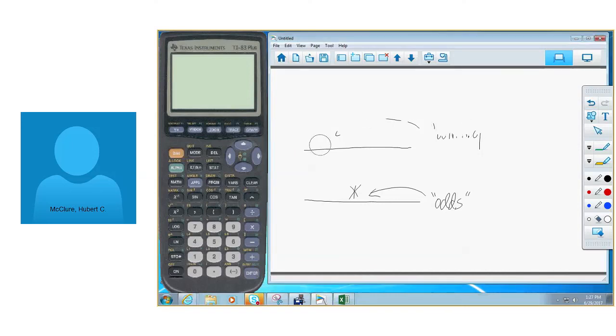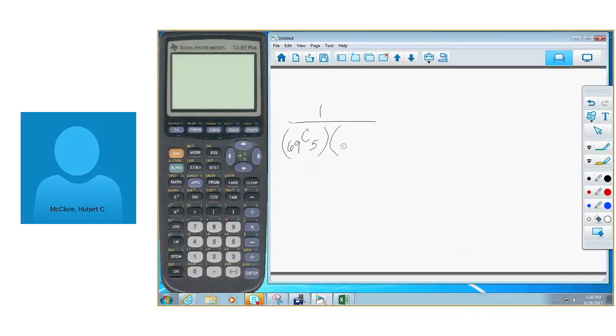This whole thing is going to be under 1 because I'm assuming that I'm buying 1 ticket. So I've got to put the 1 there, and then I've got to put in 69 combination of 5 times 26 combination of 1.